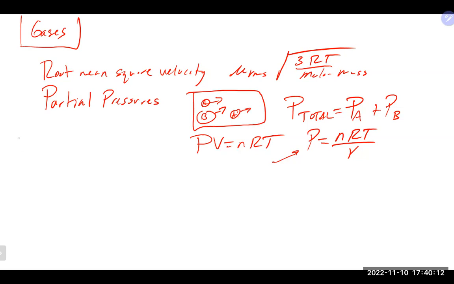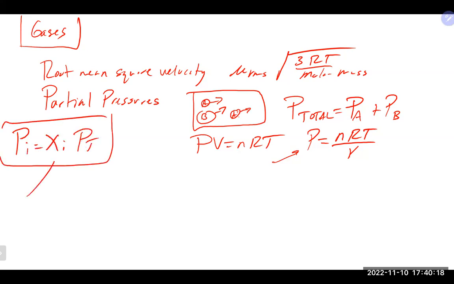Another common way to do it is to use this equation here. This would be a situation where you may not have enough information to use the ideal gas law, but you do have the ability to get to the moles of all the gases that are there. That will allow you to calculate the mole fraction that we talked about.